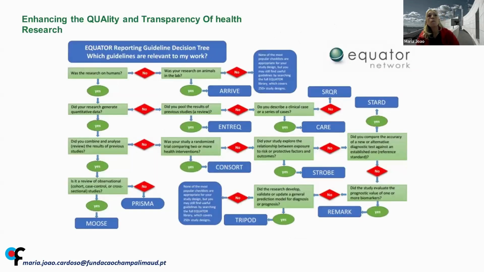I'm now going to pass through several things that have been happening in the health research arena that I think are as good for surgical research as they are for medical research.